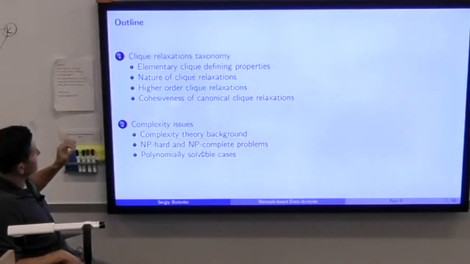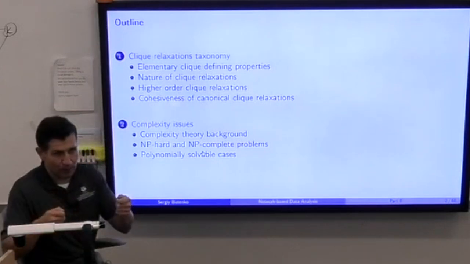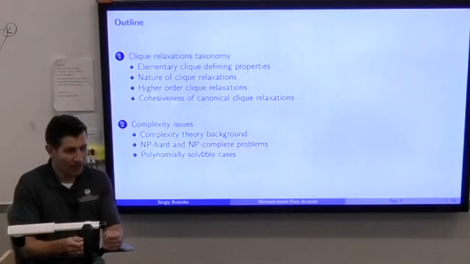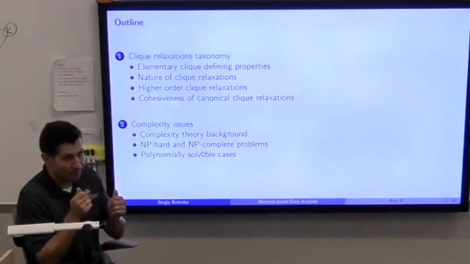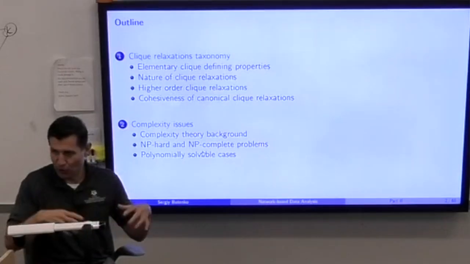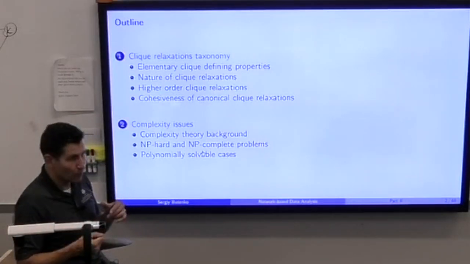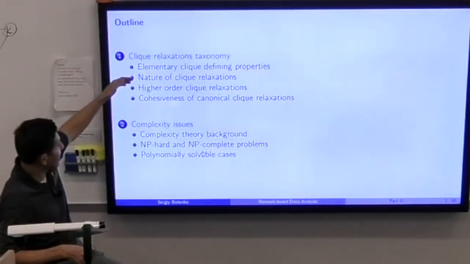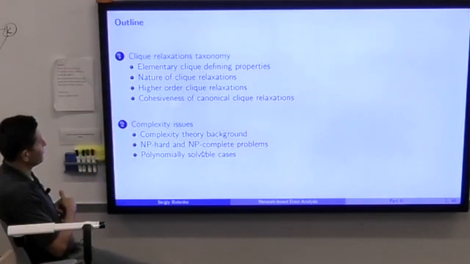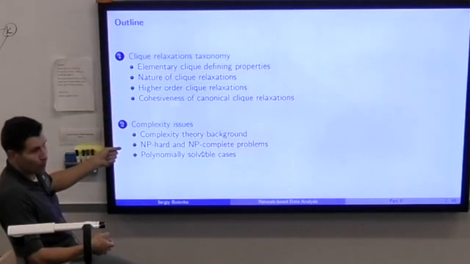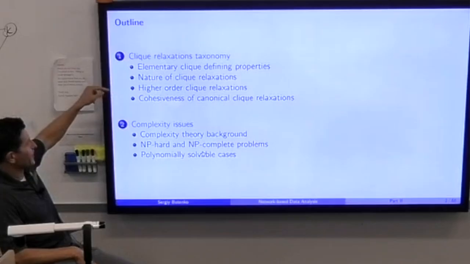And then we'll discuss the nature of clique relaxations. We'll use these elementary clique defining properties to reproduce the definitions that we have seen in the jungle slide. We'll do it in a couple of different ways, and we'll discuss the nature of these different types of relaxations in the next part here. Then we'll talk about what we call the higher order clique relaxations.